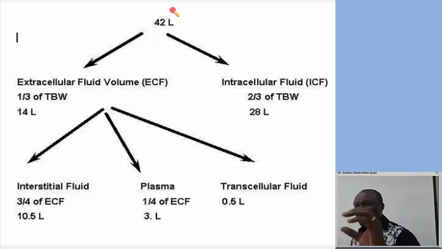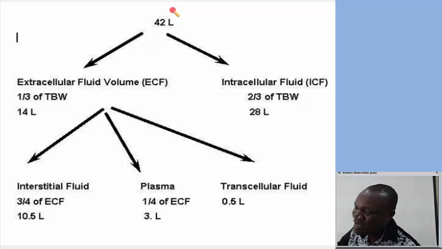The extracellular fluid is 1/3 of the total body water. So 1/3 of 42 liters will be 14 liters. The intracellular fluid is 2/3 of the total body water. Now, 2/3 of the total body water will be 28 liters.